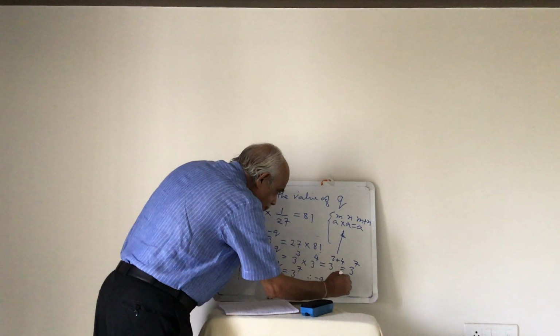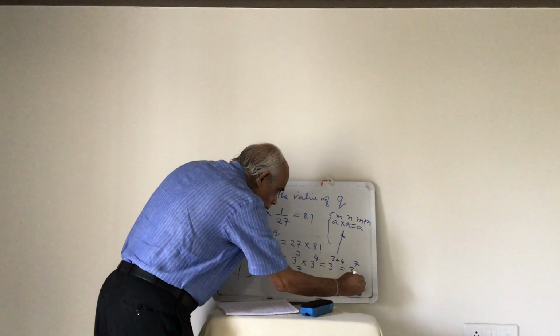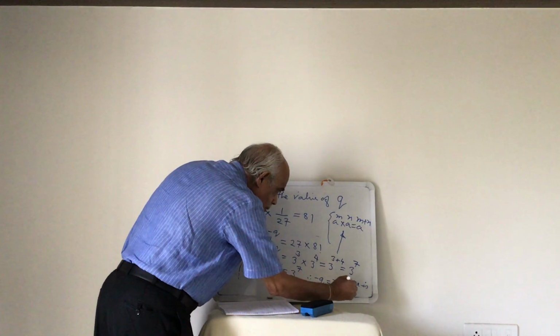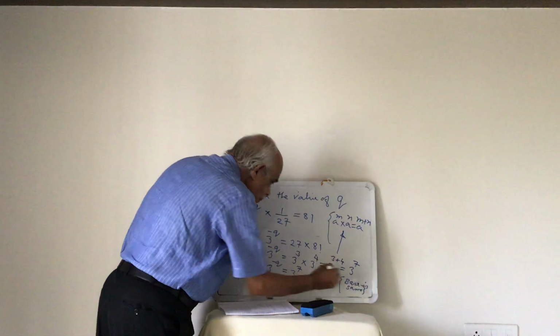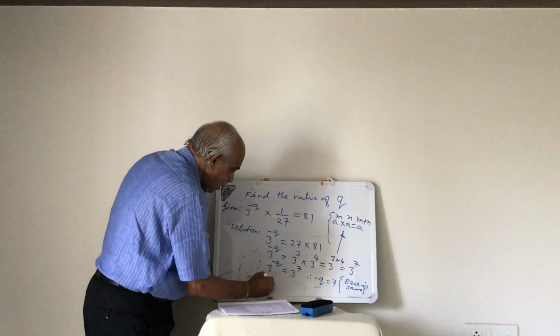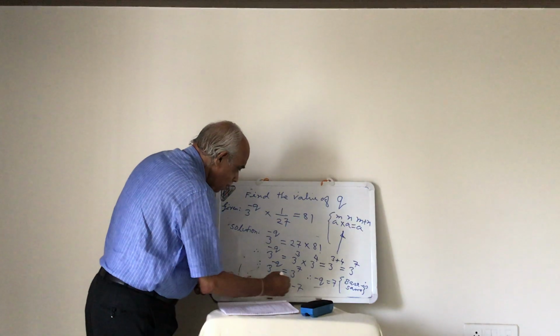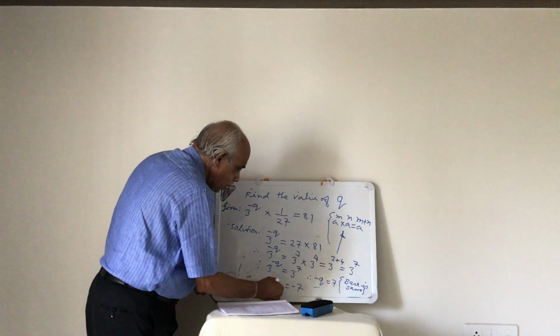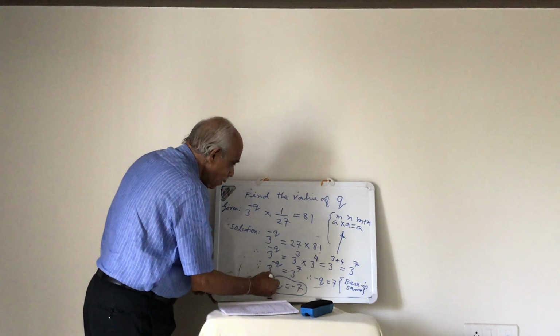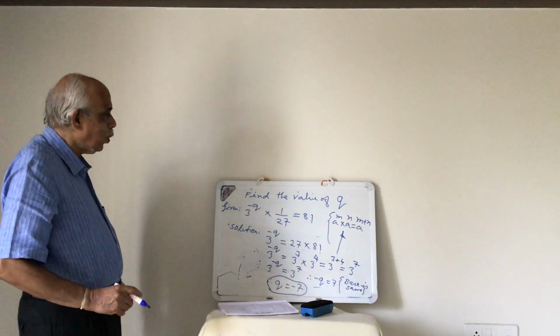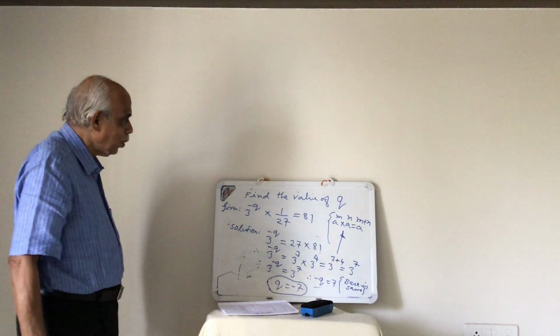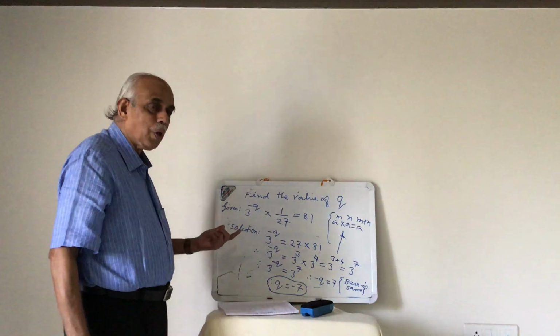Base is same. So minus q equal to 7, therefore q equal to minus 7. Okay, so this is your answer for the above question. So they are asking to find the value of q. So this is how you have to solve.